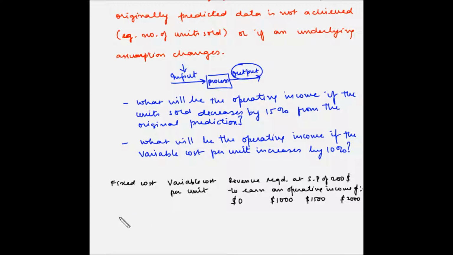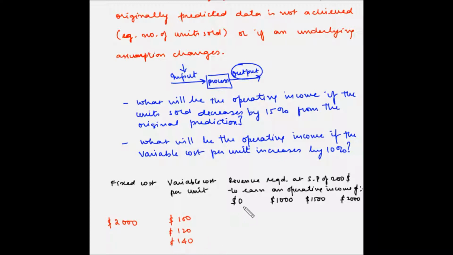So the fixed cost is being estimated as $2,000. There are three possible variable costs: $100, $120, or $140. So all these are in terms of dollars.